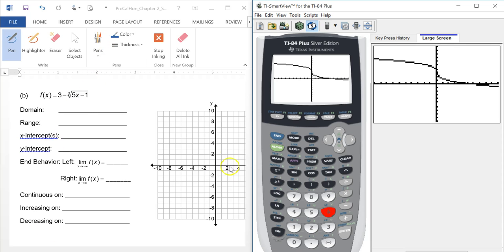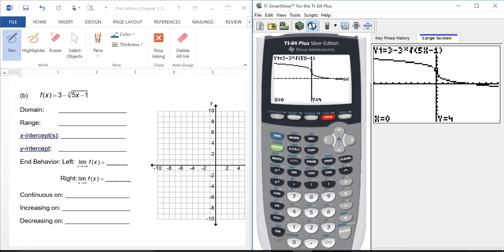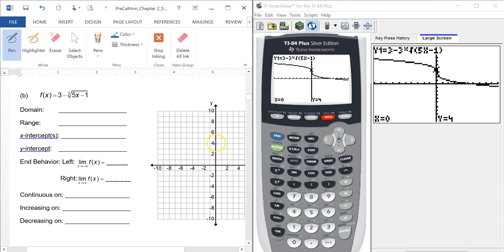So again, second calc, trace, all right, at 0, y equals 4. And if you're asked to label, you can go ahead and do that at this point. At x equals 1, y is 1.4. At x equals 2, what is y? 0.9.